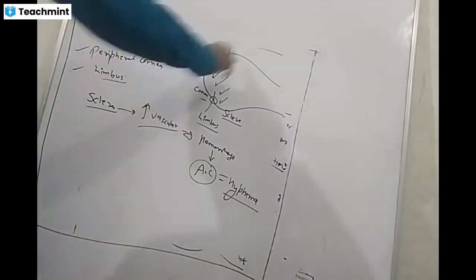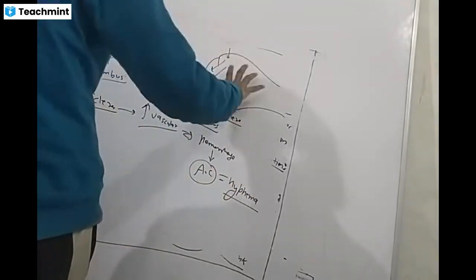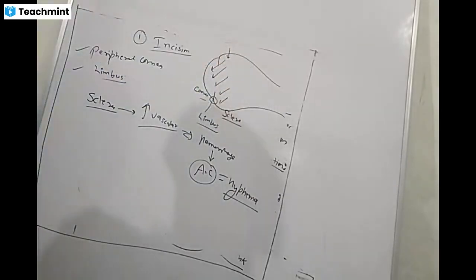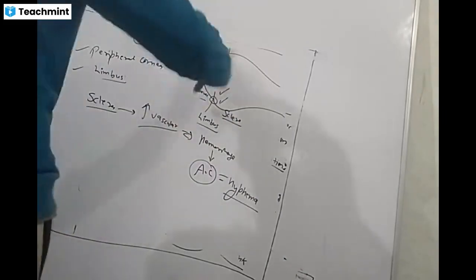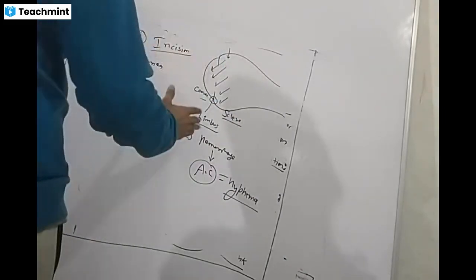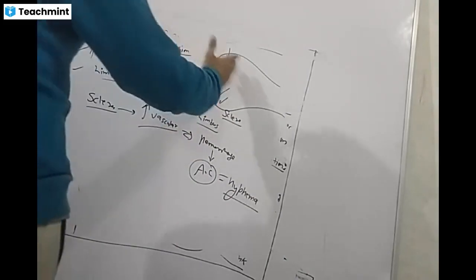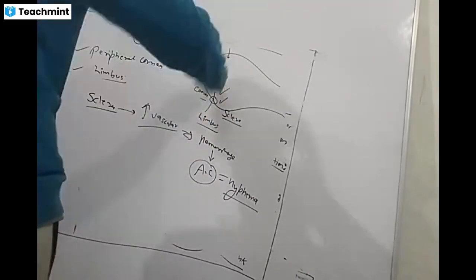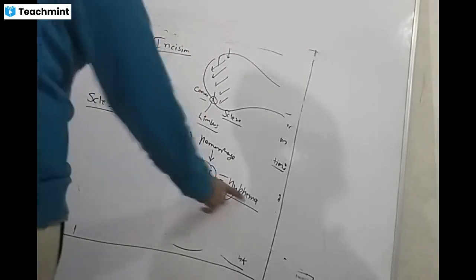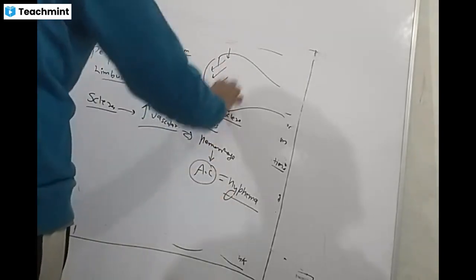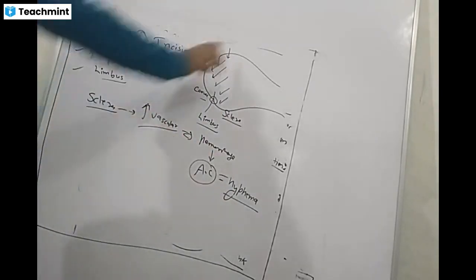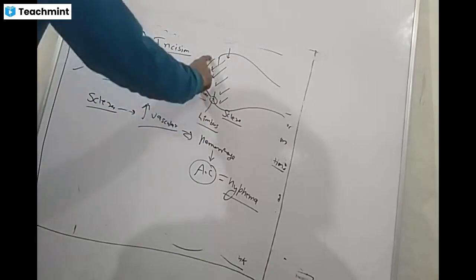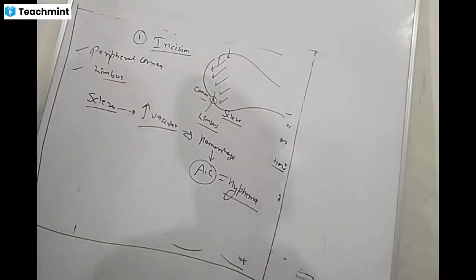Everything becomes red, and you cannot see other structures like your capsule and lens because of this hyphema in the anterior chamber. So this is avoided. A scleral incision is not given. Either peripheral cornea or limbus. This was about the incision.